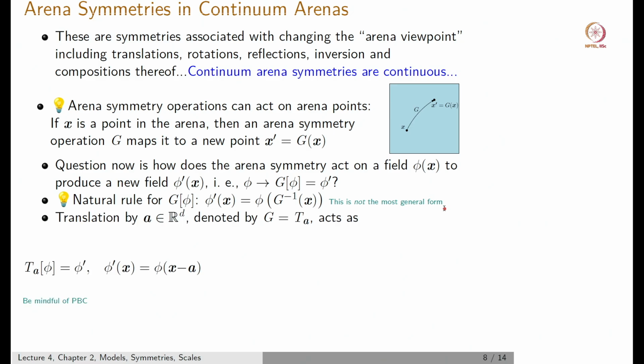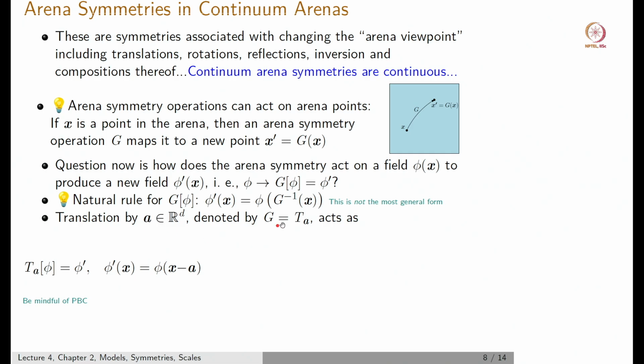So I will show you this by an example. Imagine that I have a big periodic continuum box, like a cube of size L, as we have seen in previous lectures. And we think of a translation by a d-dimensional vector.